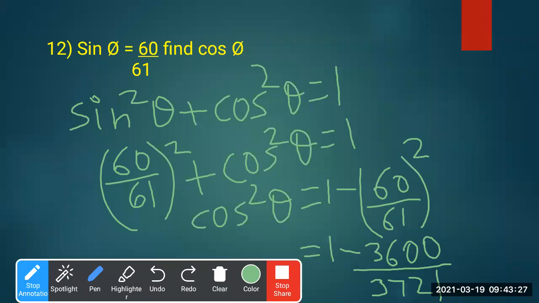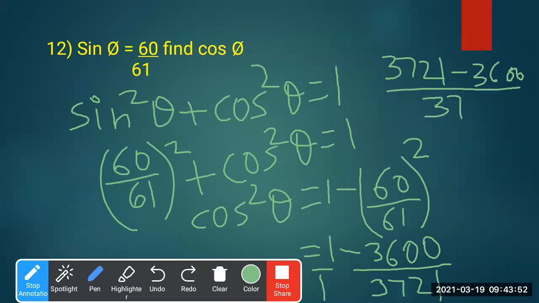Now here the denominators are not the same, so you have to do the cross multiplication and make the denominator the same, and only then you can do the subtraction. Okay, so if you do it, it will be 3721 minus 3600 upon 3721.